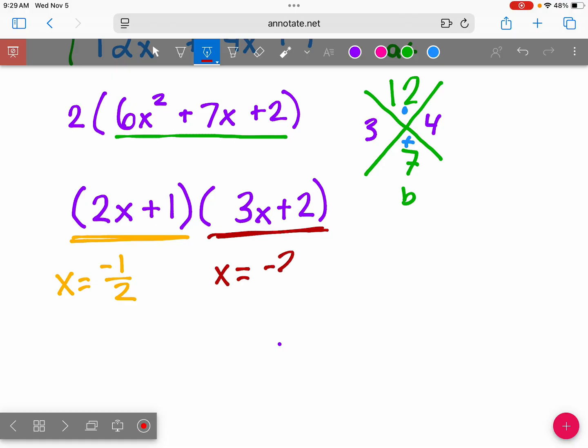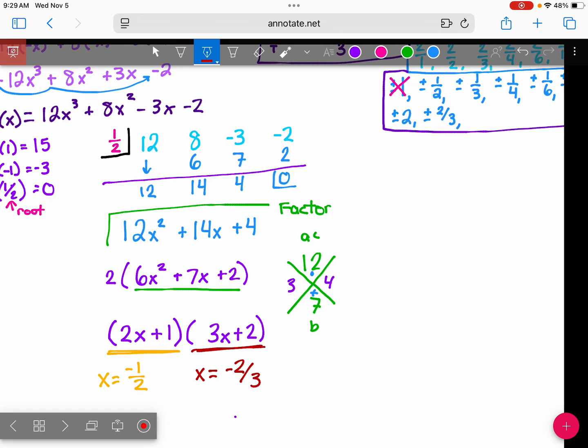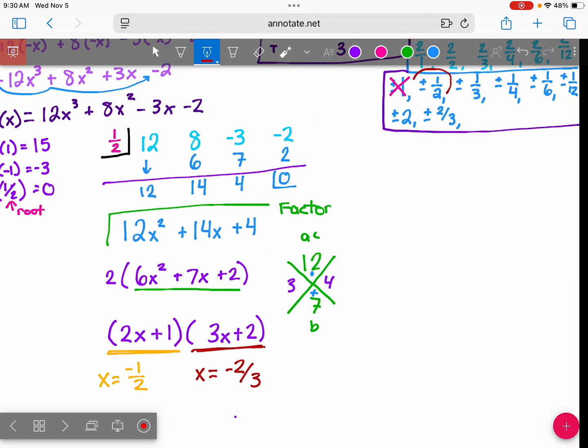Negative 2/3. And if we look at our list of options, plus and minus 1/2 was an option, and 2/3 was an option. They're still in the list. So our roots are positive 1/2, negative 1/2, and negative 2/3.